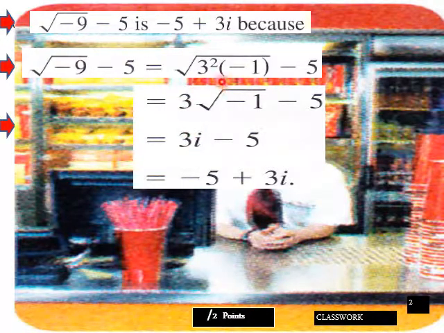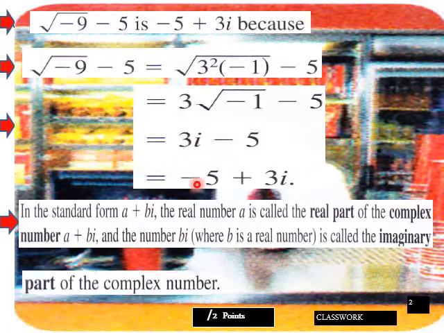So when you put it into this form, the 3 goes outside the radical, and now you have the square root of negative 1 minus 5. Then the square root of negative 1 is i, so 3i minus 5, and put into standard form, that is negative 5 plus 3i.